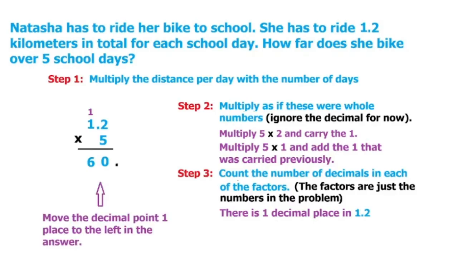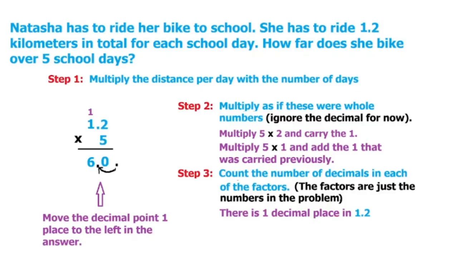So that means we move the decimal point here left in the answer, right? So every whole number has a decimal at the end of it. So you take that decimal and you move it over left the number of times there are decimals in the two factors.